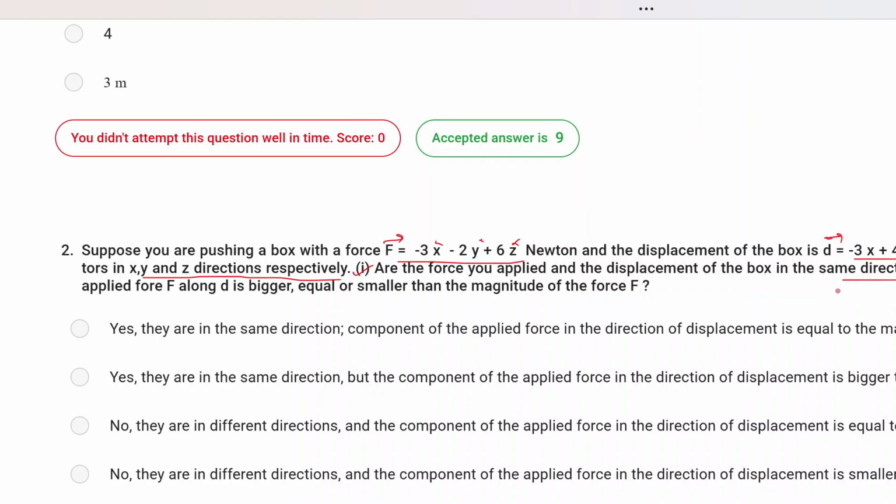So they are asking whether the direction of the force, which is a vector quantity, and the direction of the displacement, which is again a vector quantity, are those two vectors in the same direction or not? This is question number 1. And question number 2 is whether the component of your applied force along D is bigger, equal or smaller than the magnitude of the force? So we'll deal with the problems one by one.